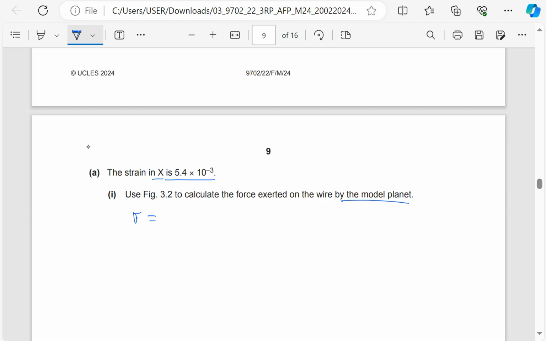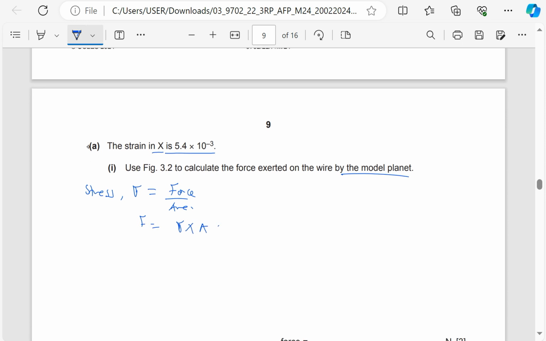So I know stress equals force over cross-sectional area. So it means the force is going to be the stress times the area.